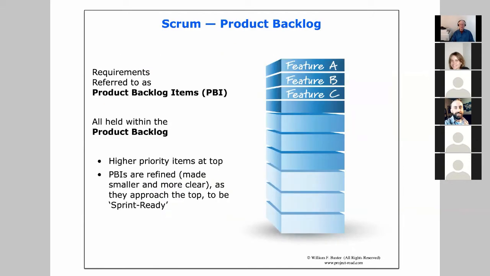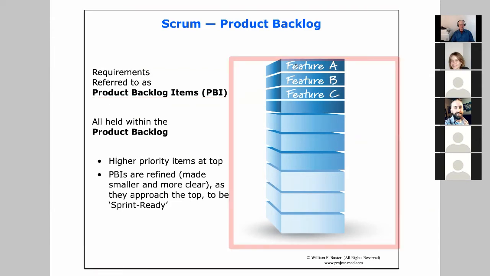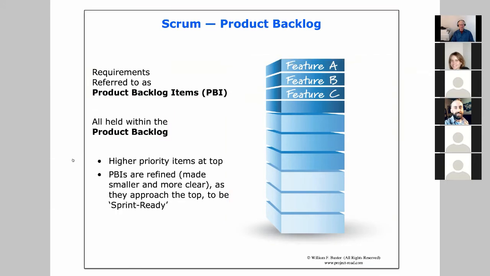So all of the requirements are held within a product backlog, and the individual items are sometimes called product backlog items, abbreviated PBI. And the higher priority ones will be up at the top. And they're refined and made smaller and more clear as they approach the top.